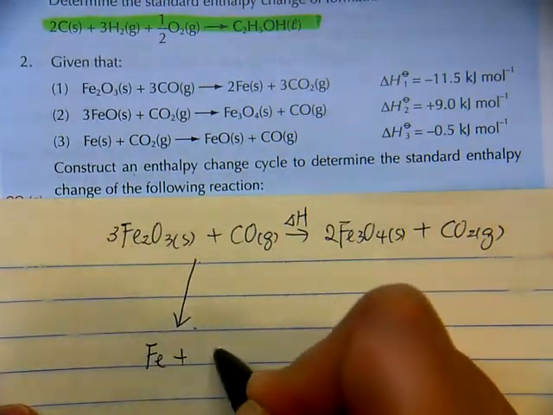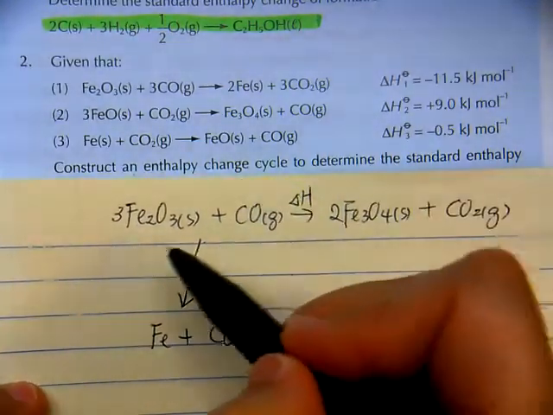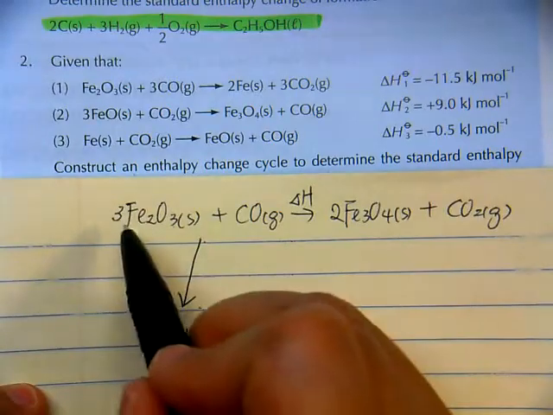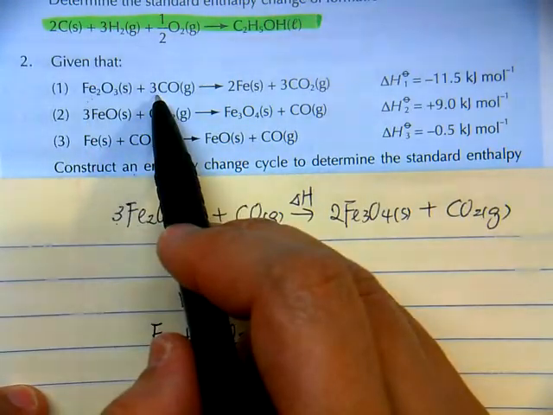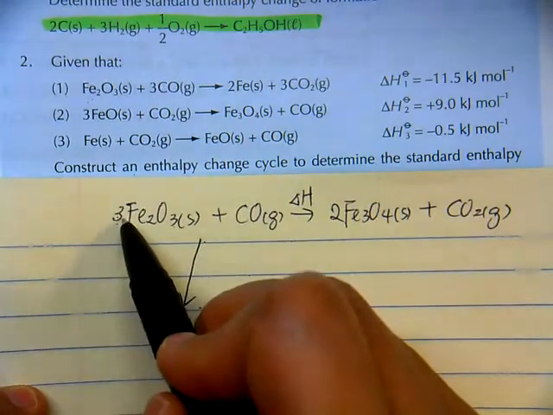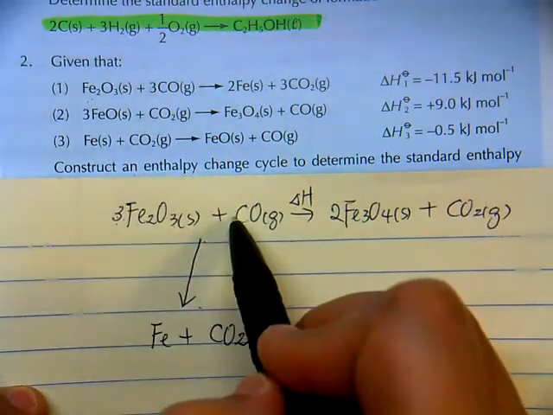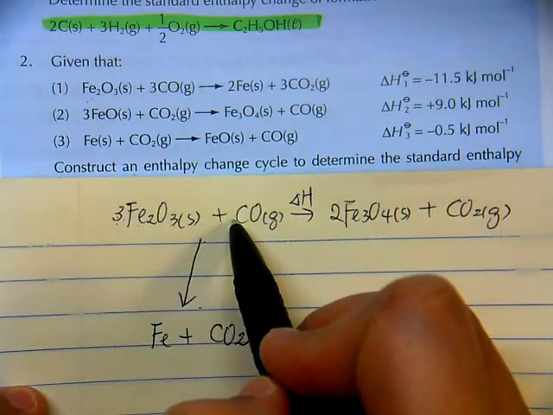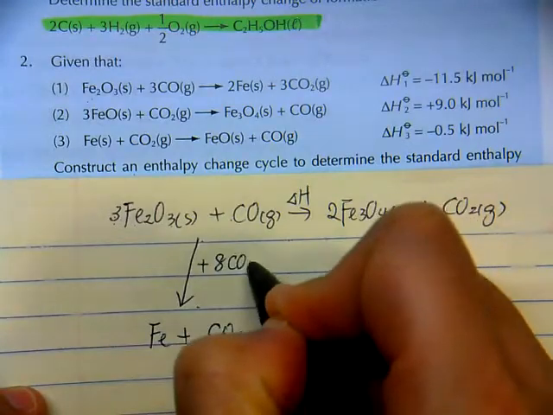Fe and CO2. Now, for 1 Fe2O3, it needs 3. Now we have 3, that means we need 9. There is 1 already. In other words, I need to add 8 more here.